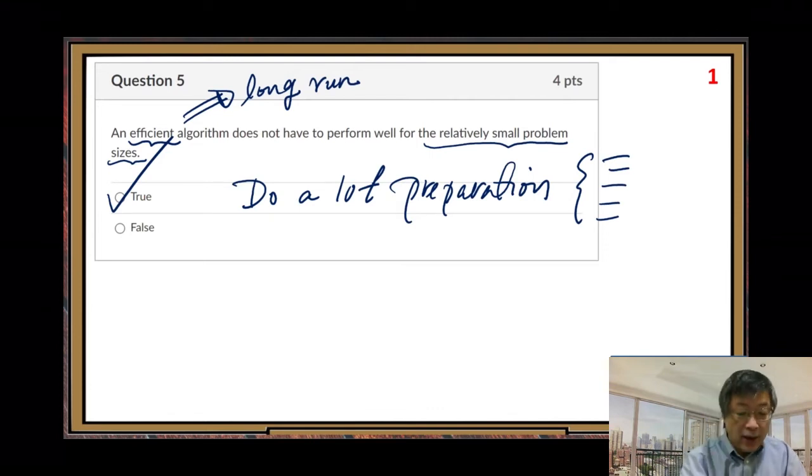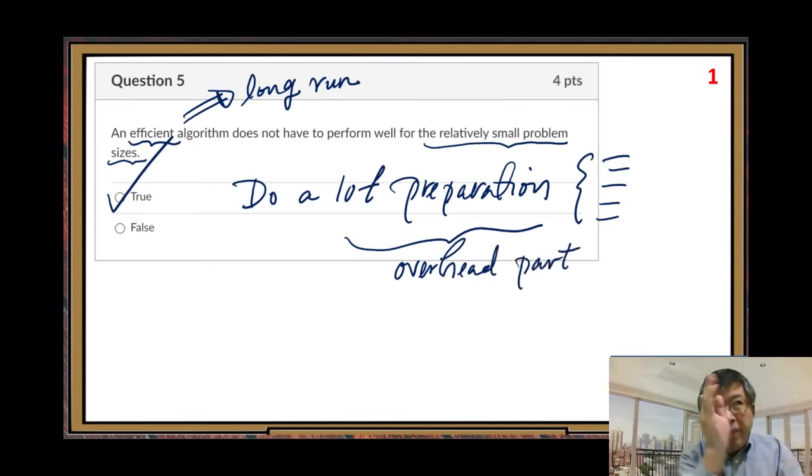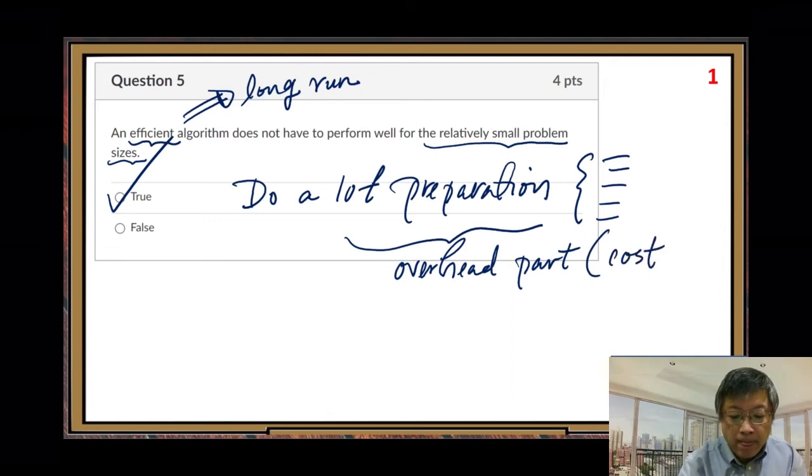This kind of preparation, we call it overhead. The overhead part, we need to pay, because we need to use resources and time. That is the cost we need to pay for the overhead part.